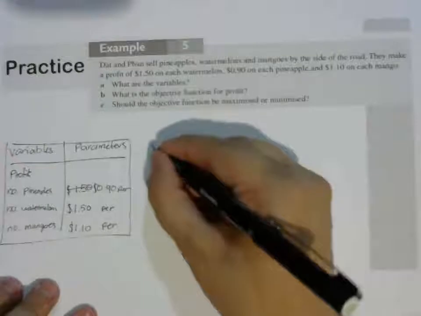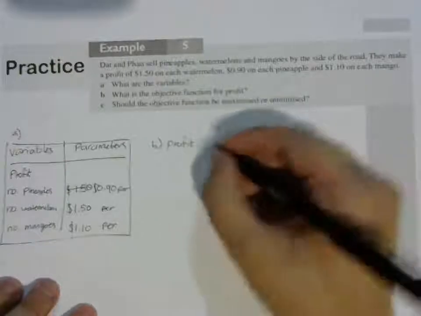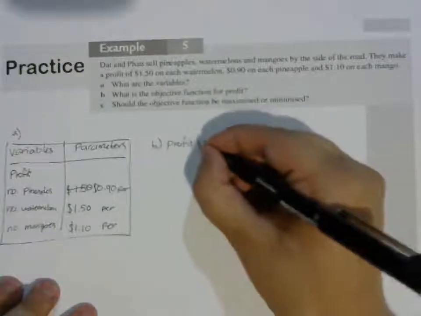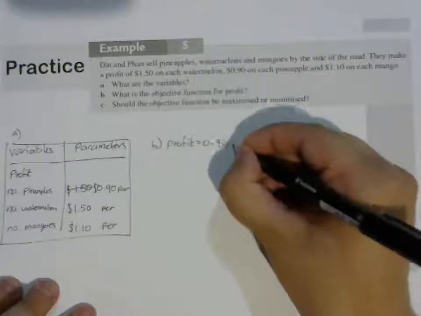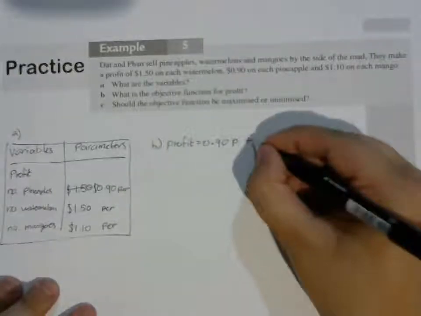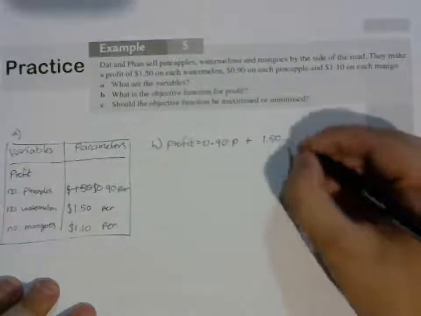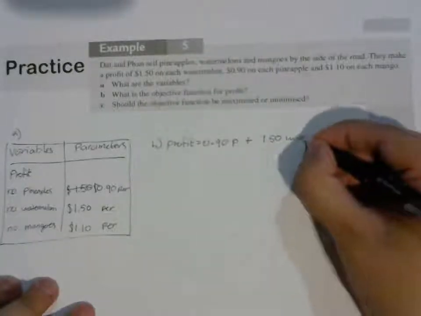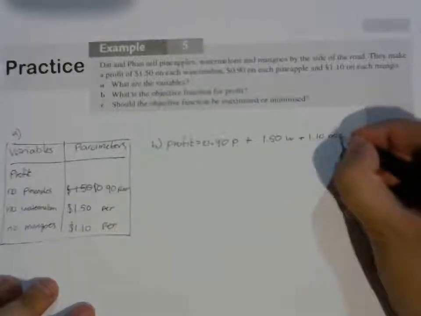Now the objective function for profit is very simply going to be 0.90 times the number of pineapples, let's make it P, plus 1.5 times the number of watermelons, plus 1.10 times the number of mangoes.